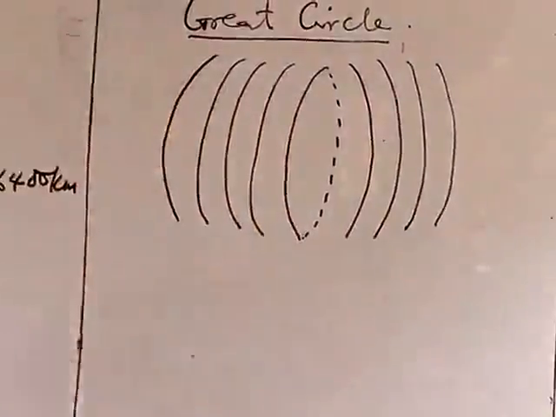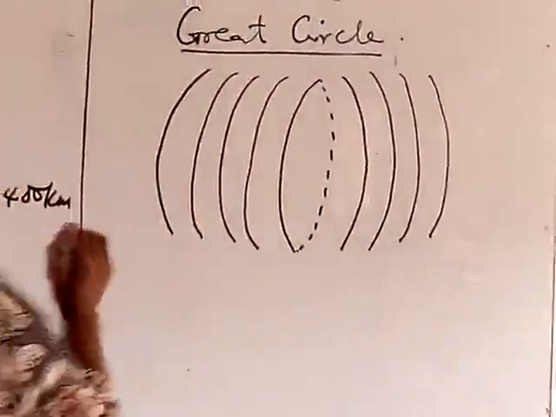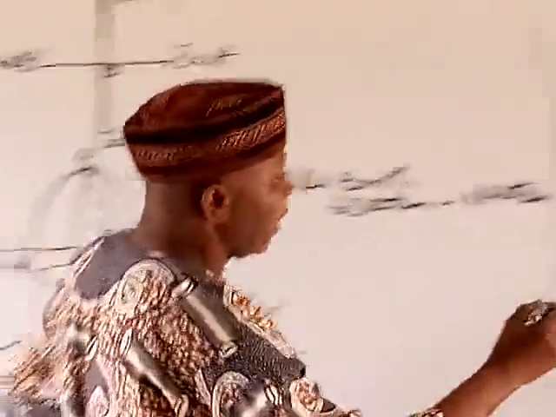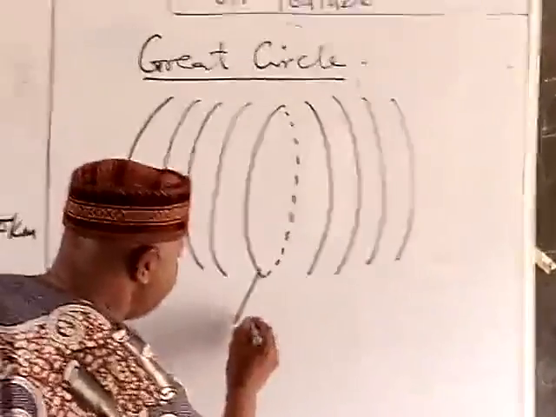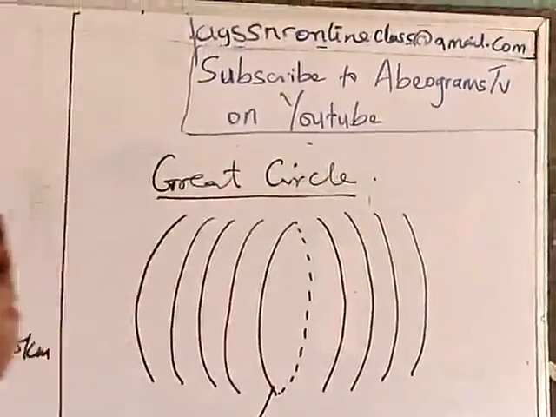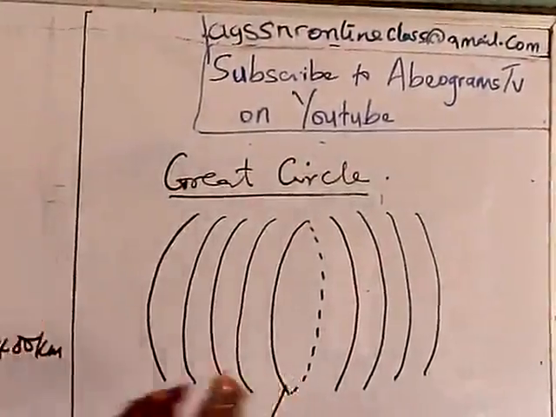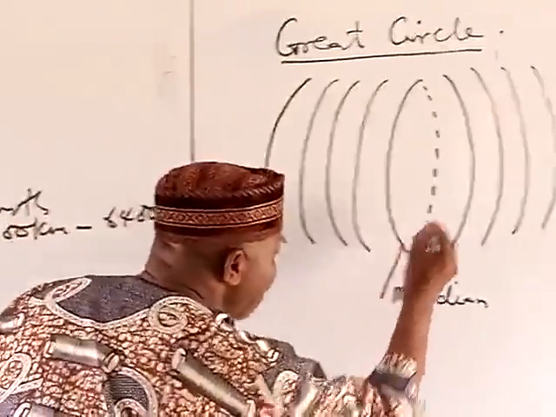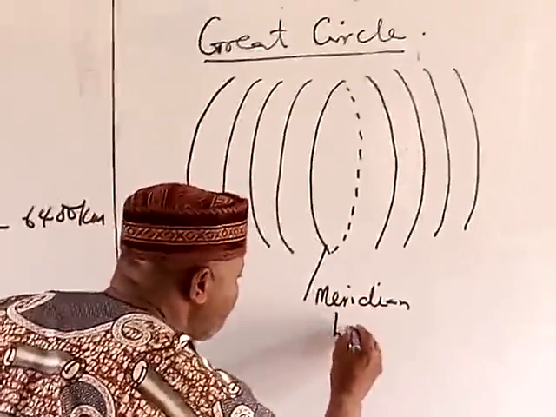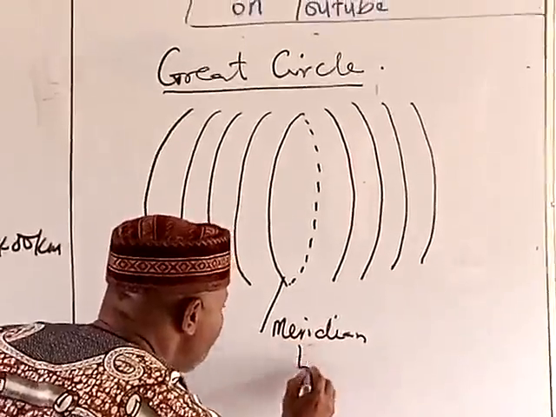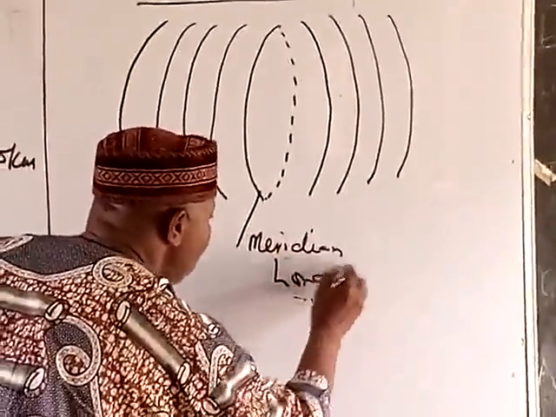This great circle, don't forget, I said the other time that this line is the meridian, or we call it the prime meridian. When we move to the western part here, this meridian is longitude 0 degree.